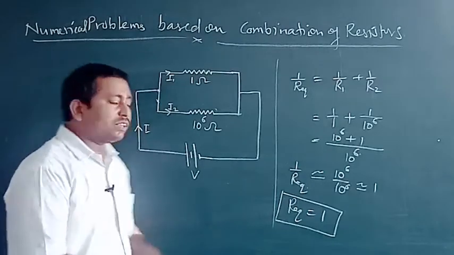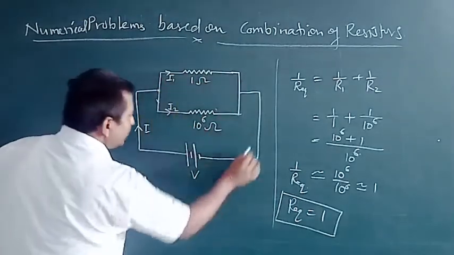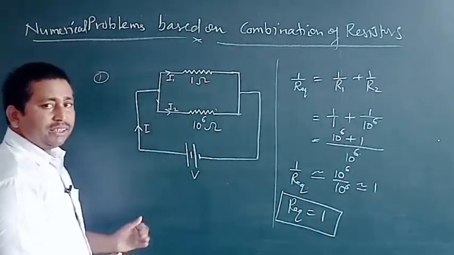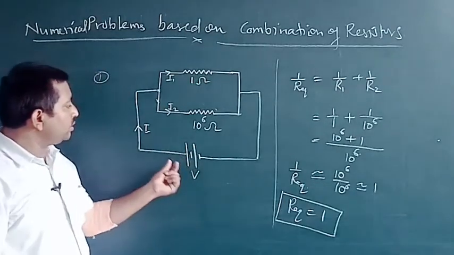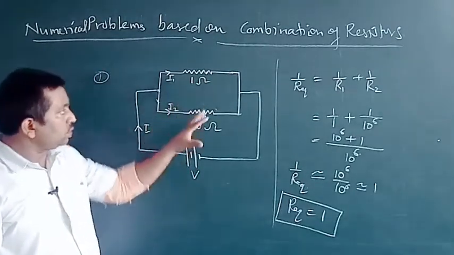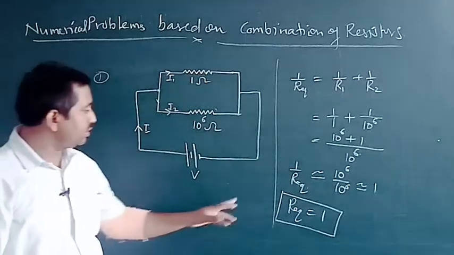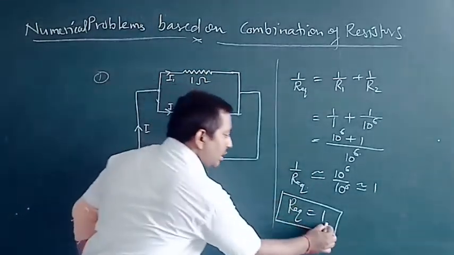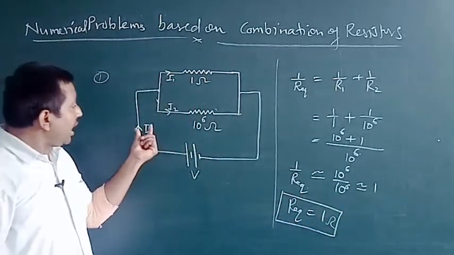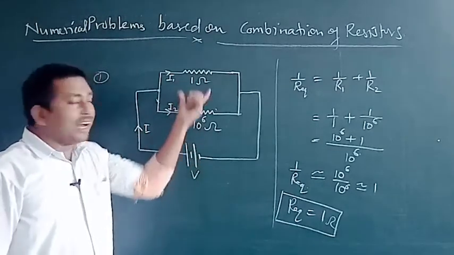So what will be the total current flowing through the battery? This can be found by applying Ohm's law, that is V equal to I into R. So total R, that is R equivalent, is equal to 1 ohm, so I equals V by R equivalent.